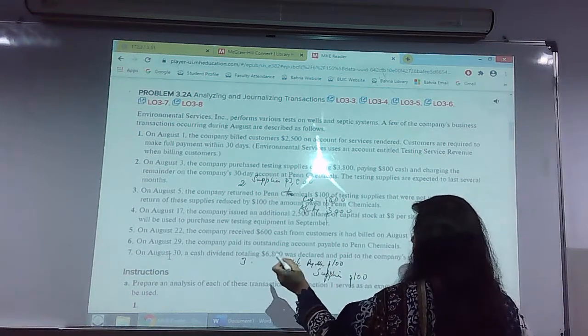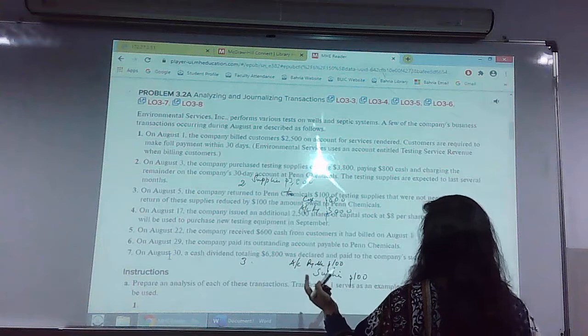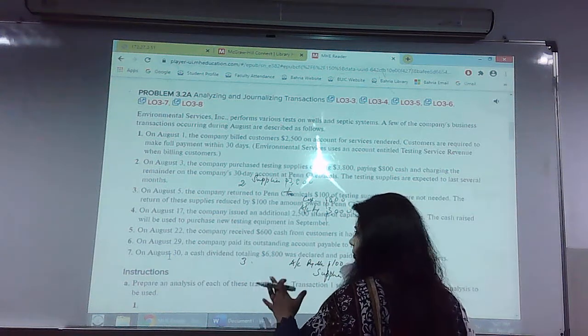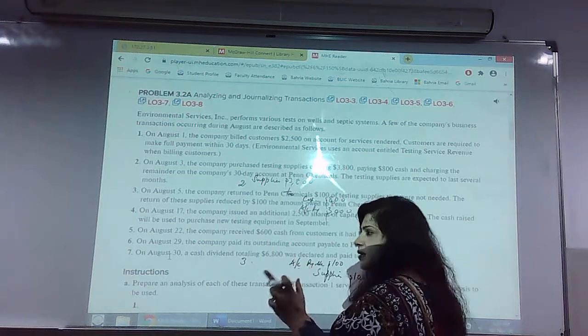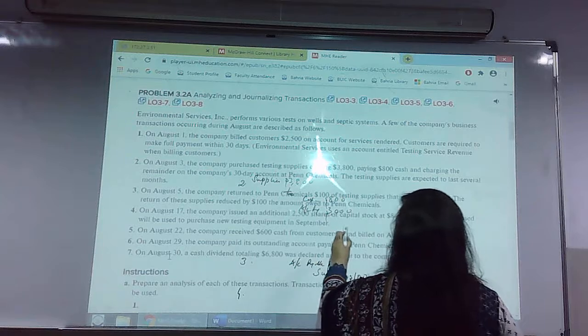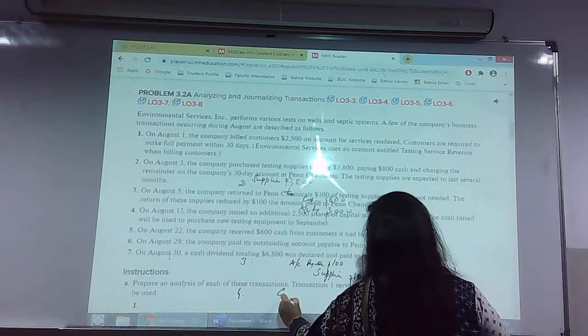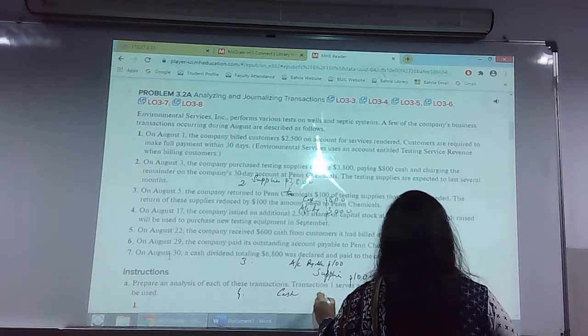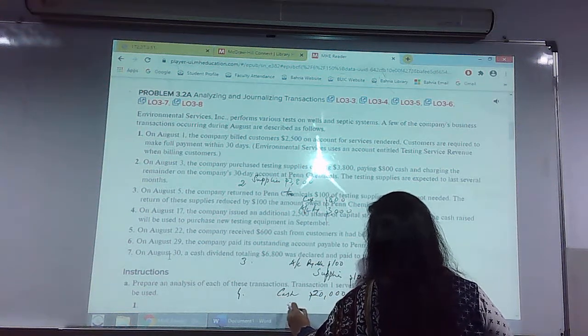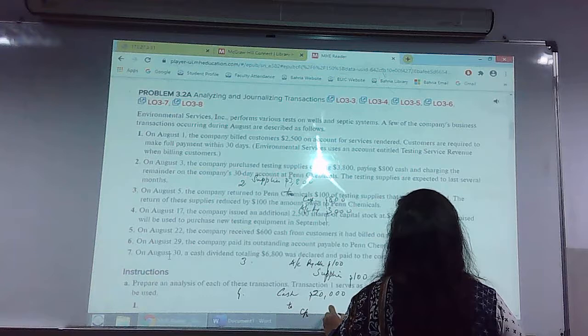The cash raised will be used to purchase new testing equipment. So when you purchase that, you're going to be using it later on, but you're not going to be writing that effect at the moment. So for part 4, you have capital stock. So cash would be $20,000 to capital stock, or common shares, is $20,000.